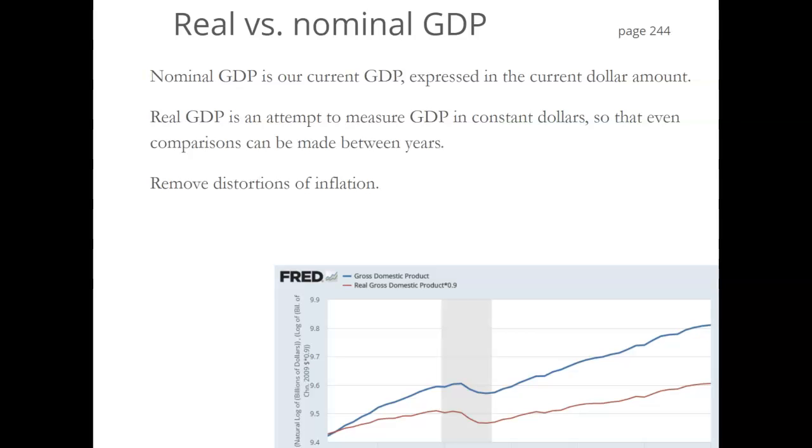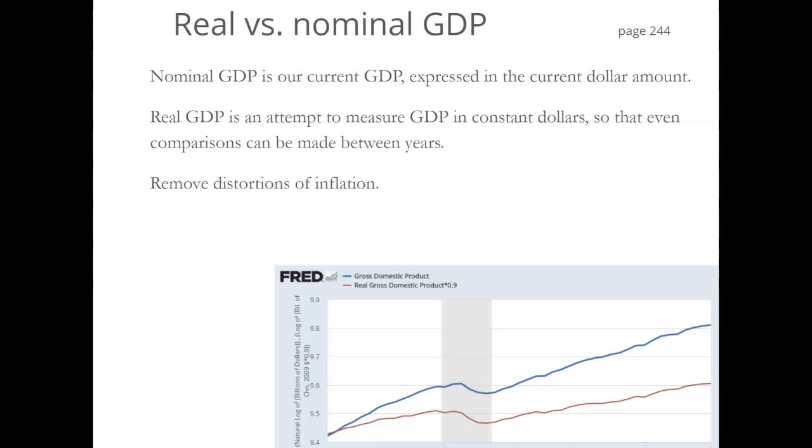Real GDP is an attempt to measure GDP in constant dollars. So this takes into consideration the value of a dollar. For example, how long it takes you to earn a pair of shoes now compared to in 2005 when this particular graph was made. And this way, you can make actual even comparisons between years. And like I said, it removes the distortions of inflation.